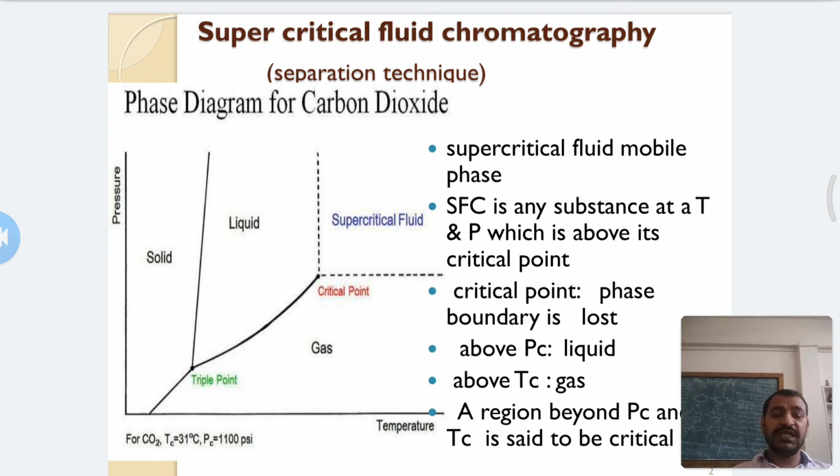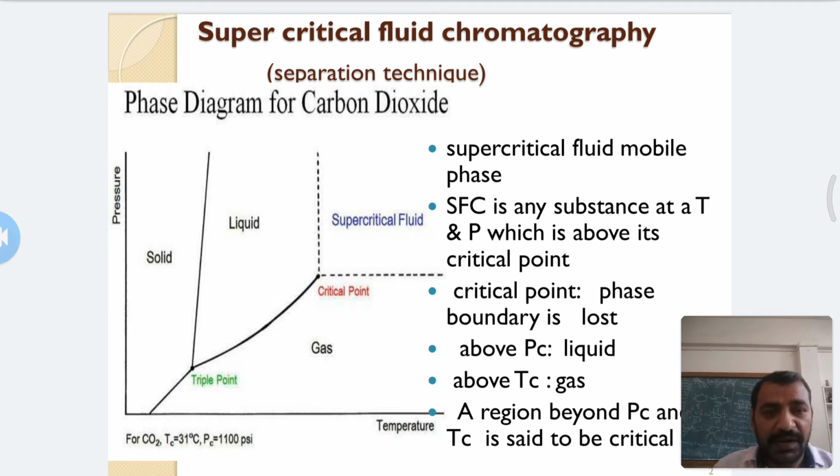In supercritical fluid chromatography we use a supercritical fluid as the mobile phase. Any matter, for example water, can be present in gas form, liquid form, and solid form.